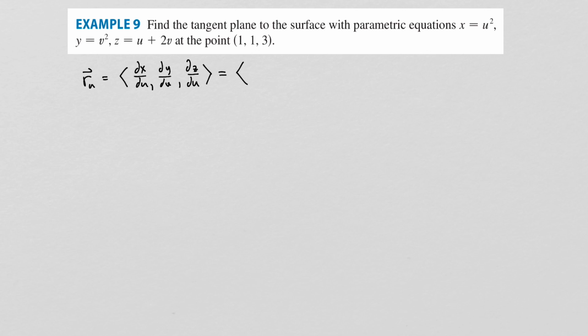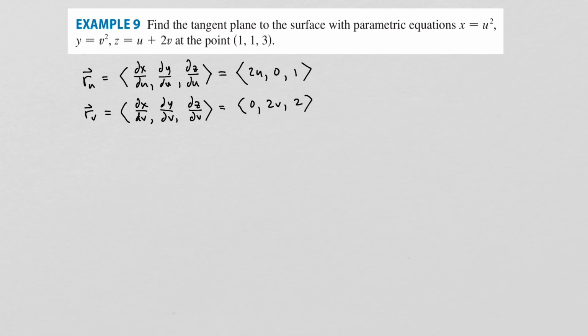And if we compute these, we're going to get 2u, 0, and 1. And then we need RV, which is simply the partial derivative of x with respect to v, the partial derivative of y with respect to v, and the partial derivative of z with respect to v. And if we do that, we're going to get 0, 2v, and 2.